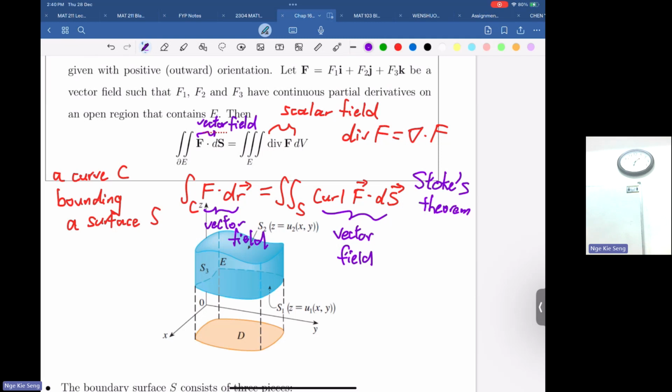You don't need to find the normal vector to the solid anymore.